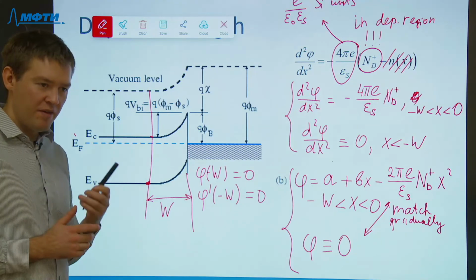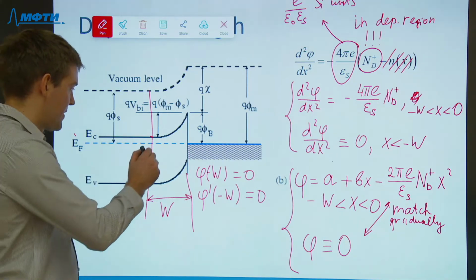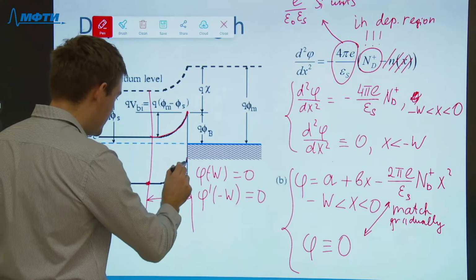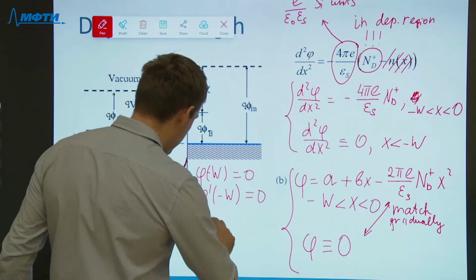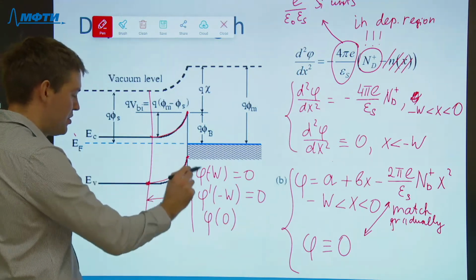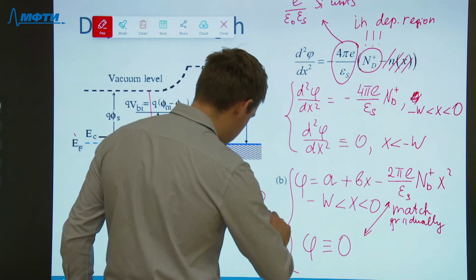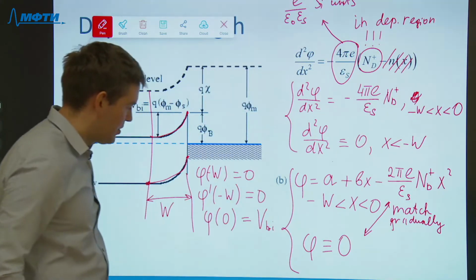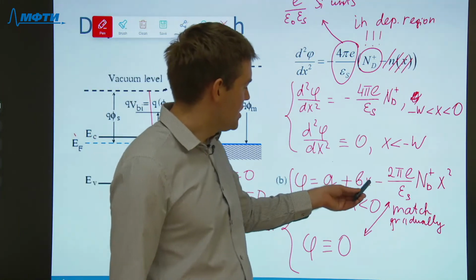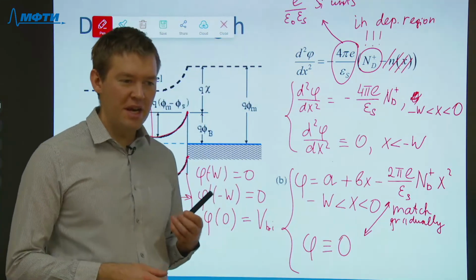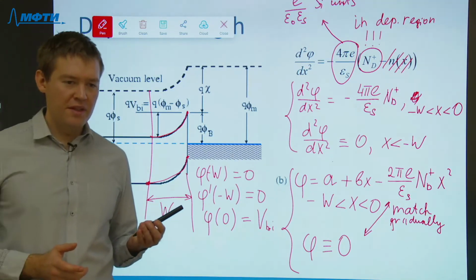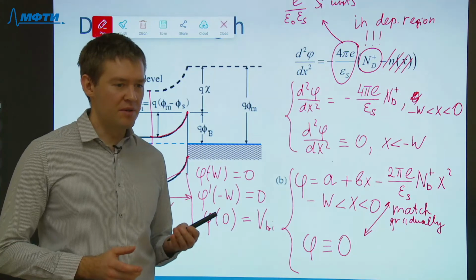But we also have a third boundary condition. We need the height of this potential to be equal to the built-in voltage at the boundary of semiconductor and metal. So it looks like we have 2 integration constants and 3 boundary conditions. Is something wrong with this situation, or can it be resolved?